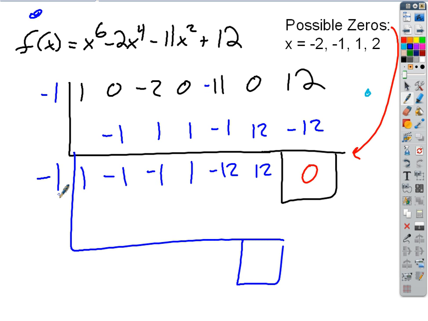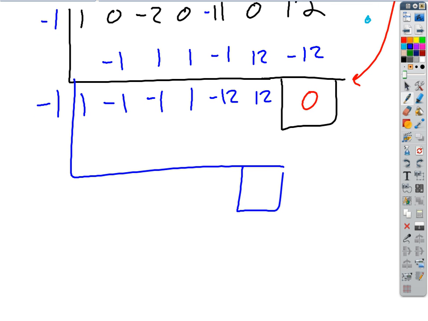Okay, so let's try this. If I bring the 1 down, oops, positive 1. So it didn't work, did it?